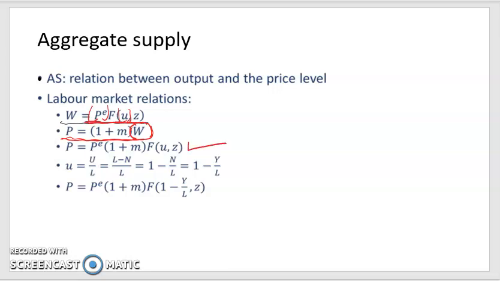This equation tells us that the price level depends on expected prices, on the unemployment rate, as well as the markup and the catch-all variables, Z.